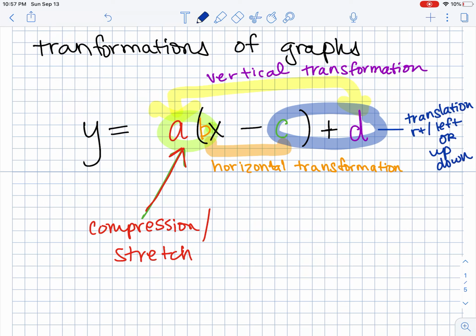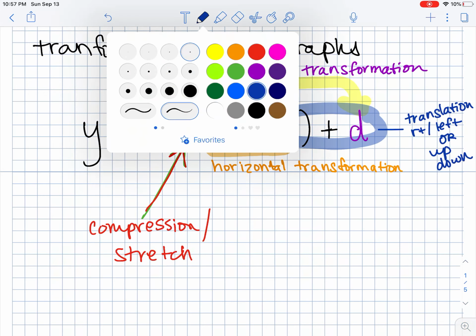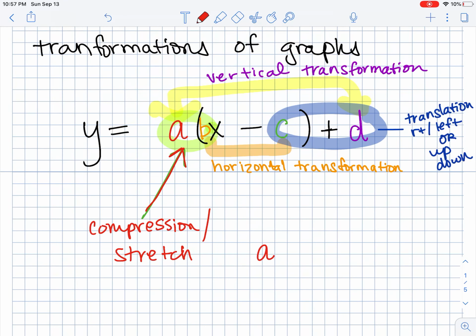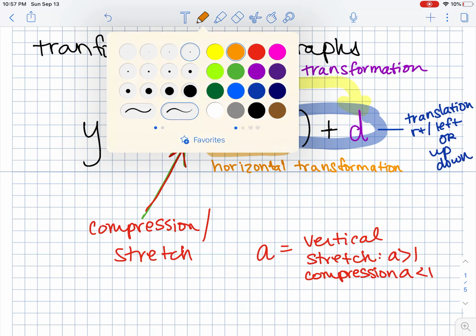Okay, so I'm kind of giving you the tools here so you can decode your own changes to a parent graph that you see. Okay, so let's list this off. The value of A is a vertical stretch. If A is greater than 1, it's a stretch, and it's a compression if A is less than 1, meaning a fraction, okay?